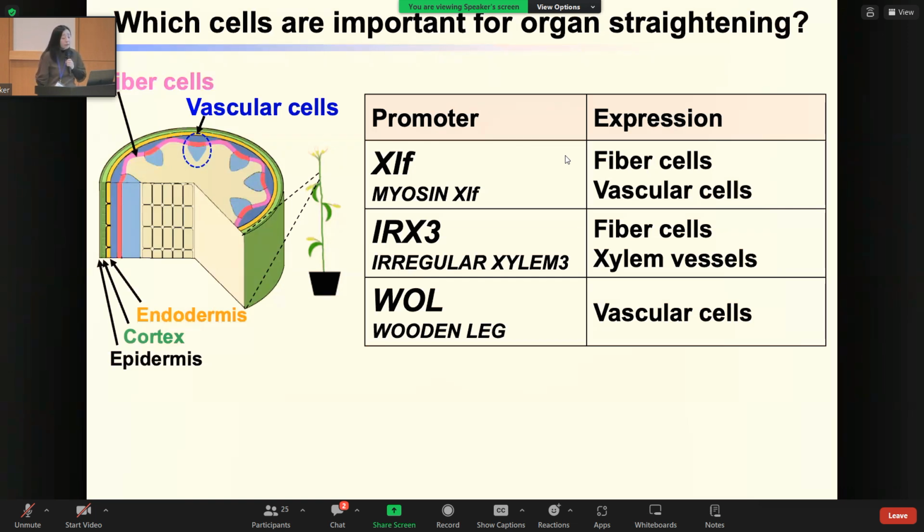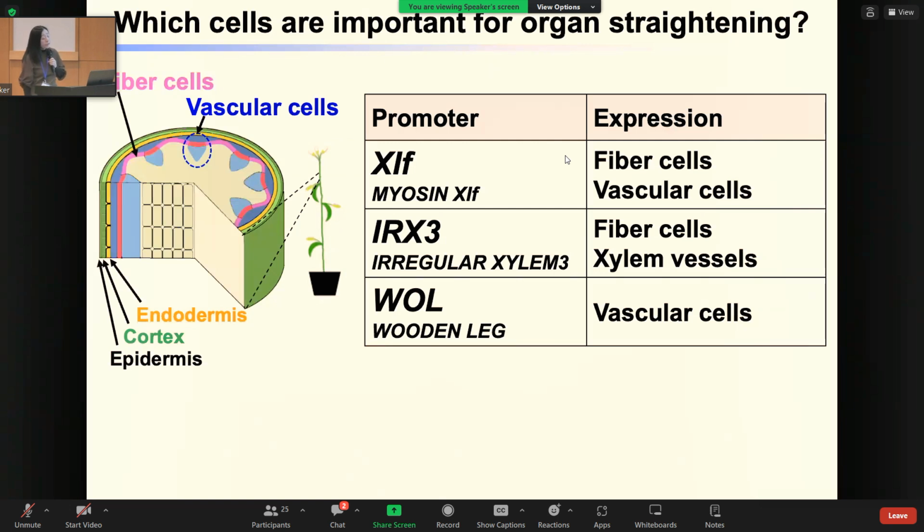To determine which cell types are important for organ straightening, we used 2 promoters, 11F and IRX3, that have overlapping expression in fiber cells and vascular cells or xylem vessels, respectively. We also employed the WOL promoter that is expressed specifically in vascular cells.